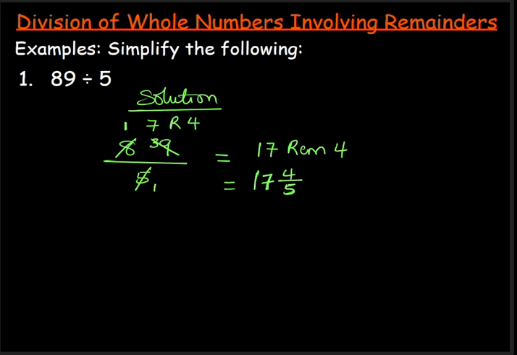In later videos, we'll look at fractions, but take note, this remainder now has been written as a fraction. 17 is a whole number, and then 4 over 5.